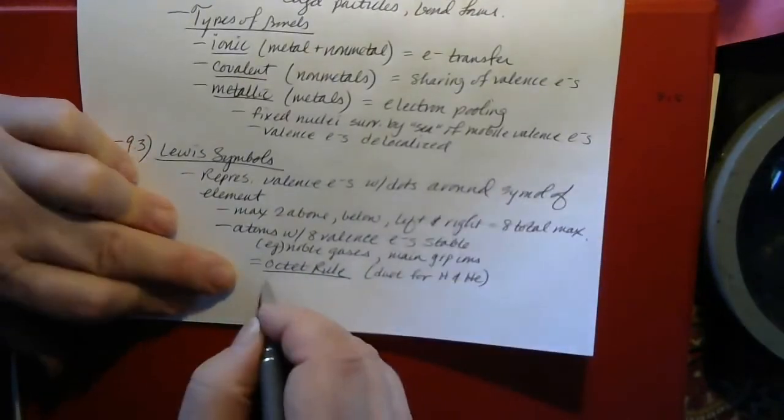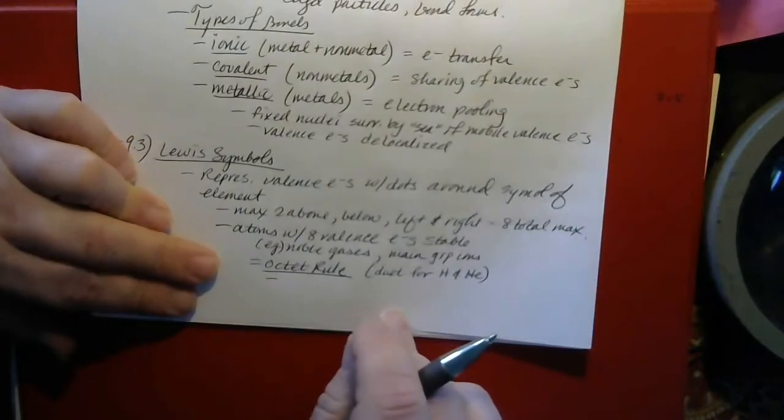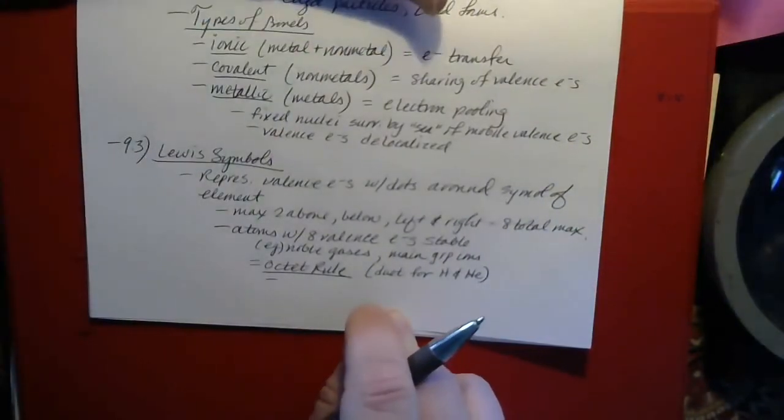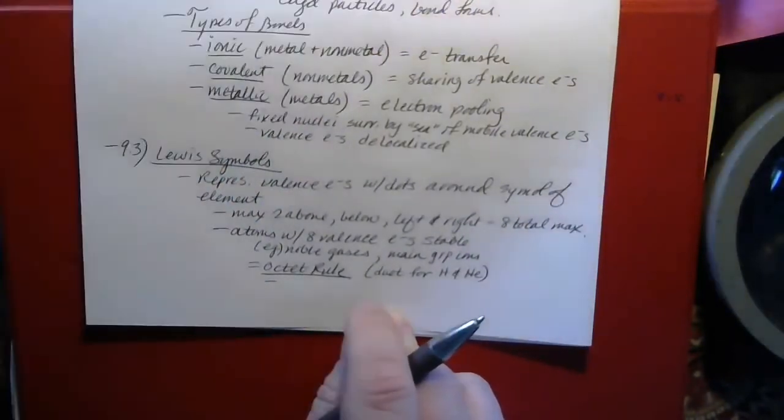And what it means is that in bonding, atoms from other groups will try to get 8 electrons around themselves by gaining, losing, or sharing valence electrons.